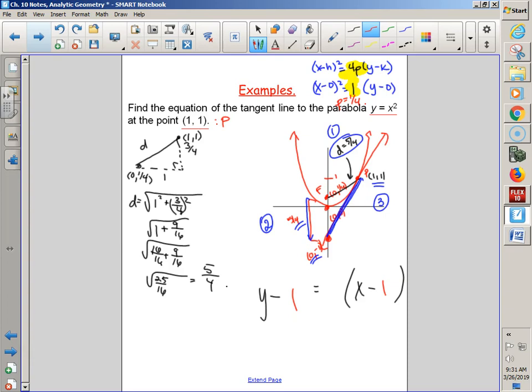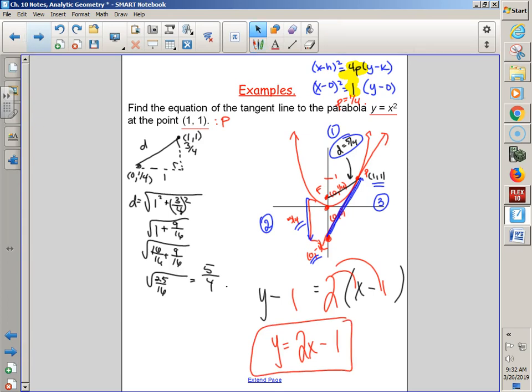Aren't I going to go up 2 and go over 1? Could you do y2 minus y1? 1 minus -1 is 2, all over x2 minus x1, 1 minus 0 is 1. 2 over 1 is 2. What do you end up with at the end of the day? y equals 2x minus 1. That's the slope, and that's the intercept.